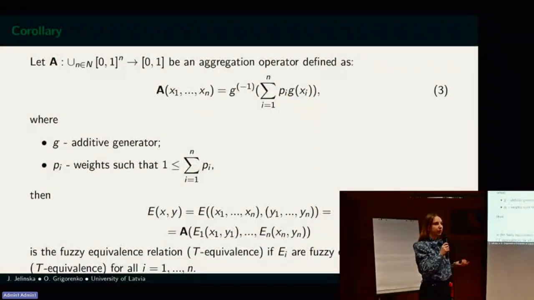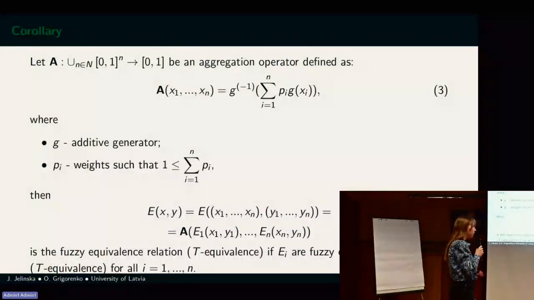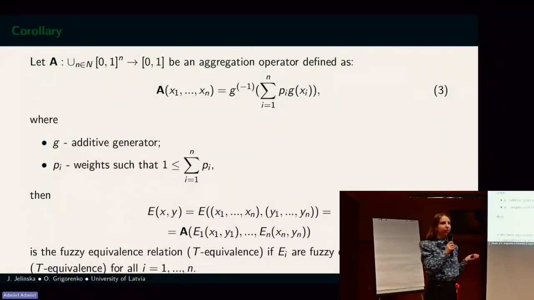And if we talk about expert systems, these weights are usually just taken from the air. It's just, okay, this expert is 2, this expert is 1. So the weights are the problem. And also with the weights, we can manipulate the results. And I think this is a problem because manipulation is the problem.